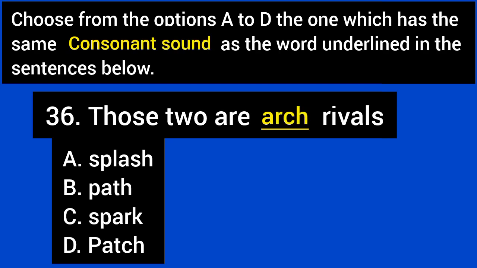Today we are going to have a short discussion on the 2024 English language orals, questions and answers. Without much ado, let's read the instructions. Choose from the options A to D the one which has the same consonant sound as the word underlined in the sentences below.